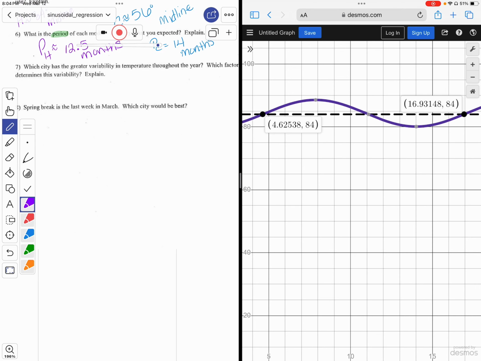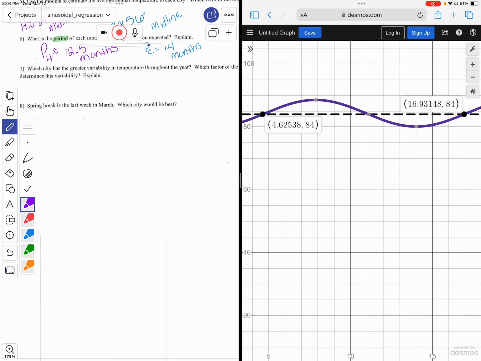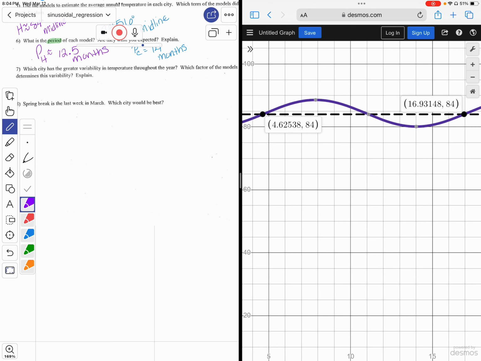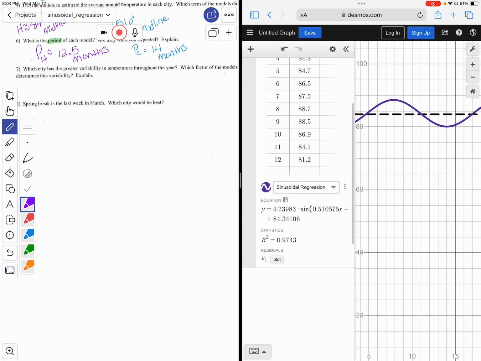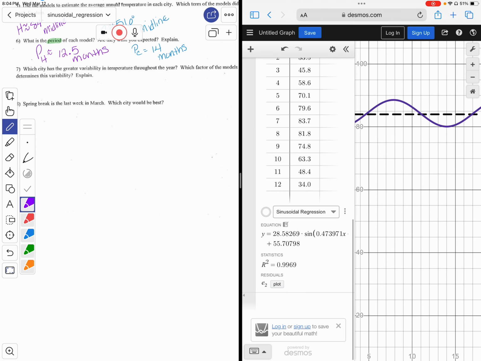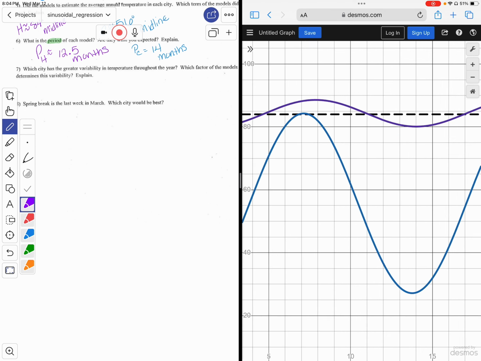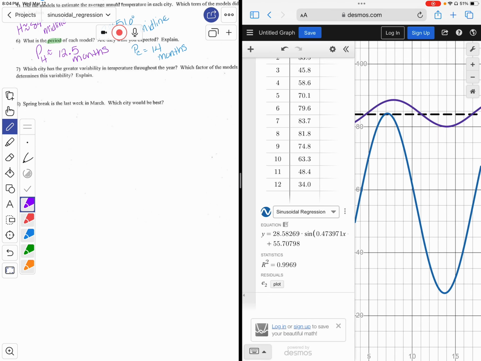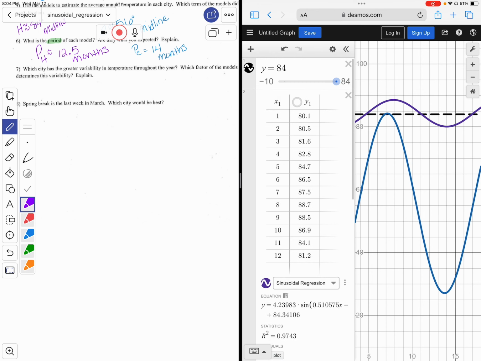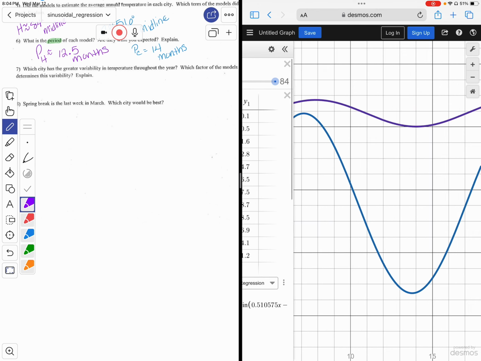Which city has the greatest variability in temperature? Okay, so let me put both models back up here. Purple is Honolulu, and blue is Chicago. Turn that midline off.